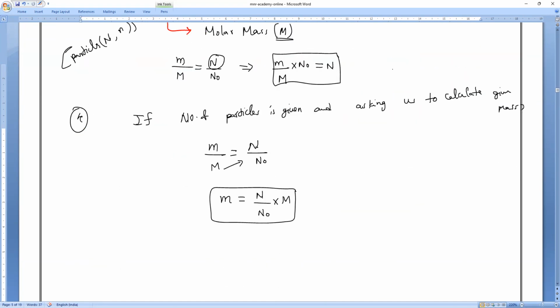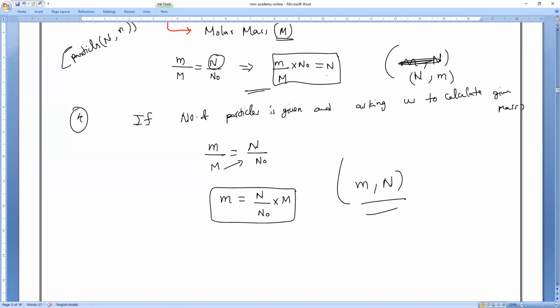Third one is for mass and particles. This is the formula for calculating number of particles from mass. Last one is mass from number of particles. Clear what I'm saying? Yes, sir. So particles is given, asking us to calculate mass.